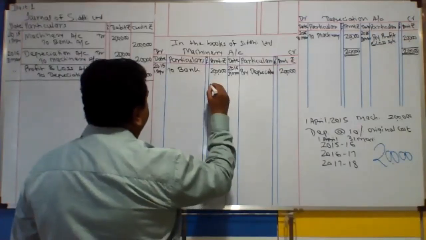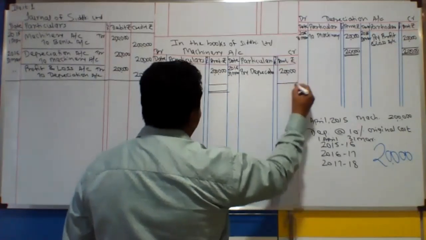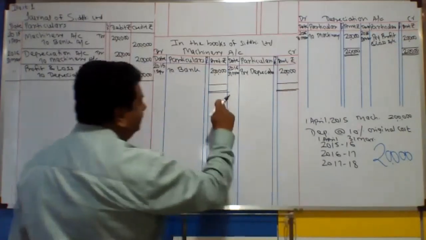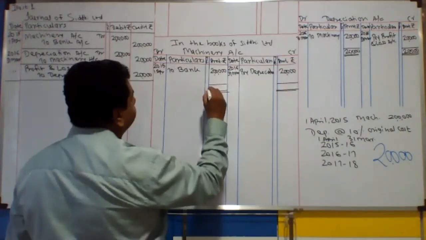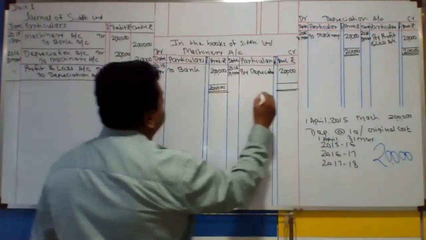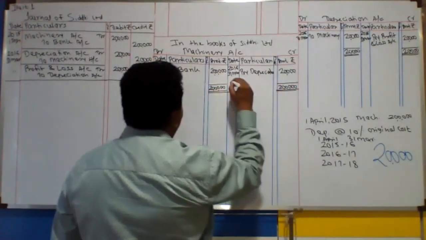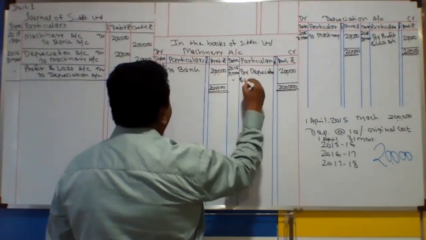But machinery account आपको यहाँ लिखना है क्योंकि नीचे और भी 2 साल का आएगा ना. Debit total minus credit total. So it is by balance carried down.